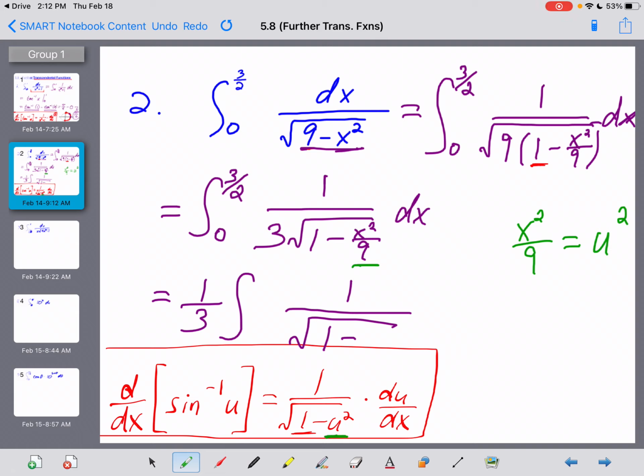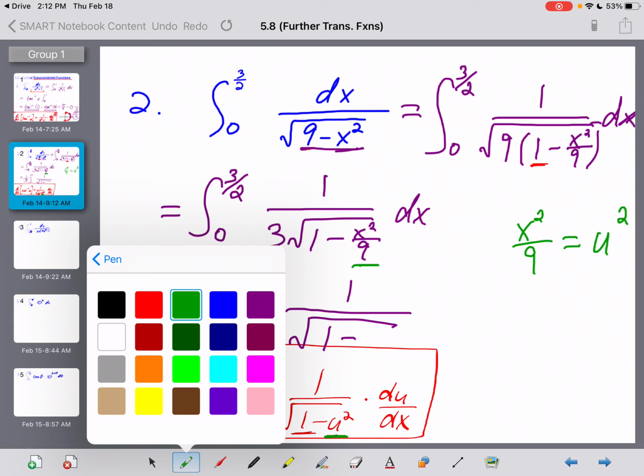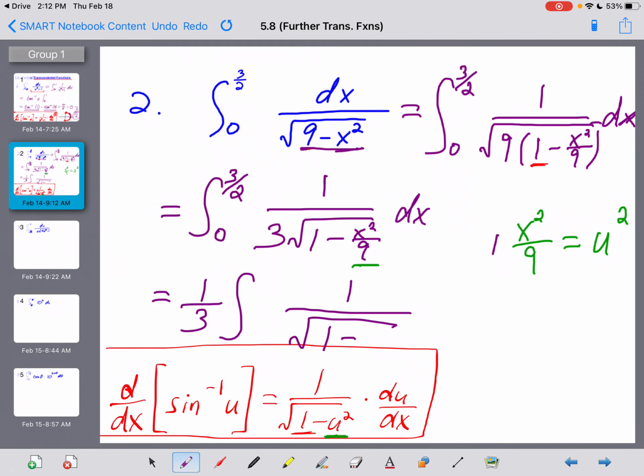In a weird way, I am doing u substitution. So the x squared over 9 that I underlined in green there simply gets replaced by u squared. And how pretty is that?